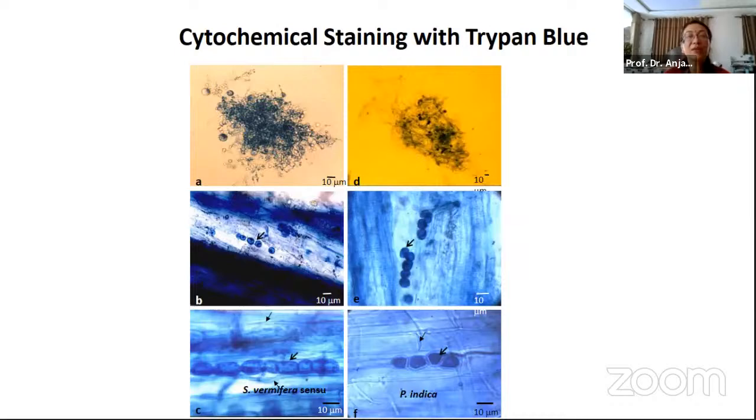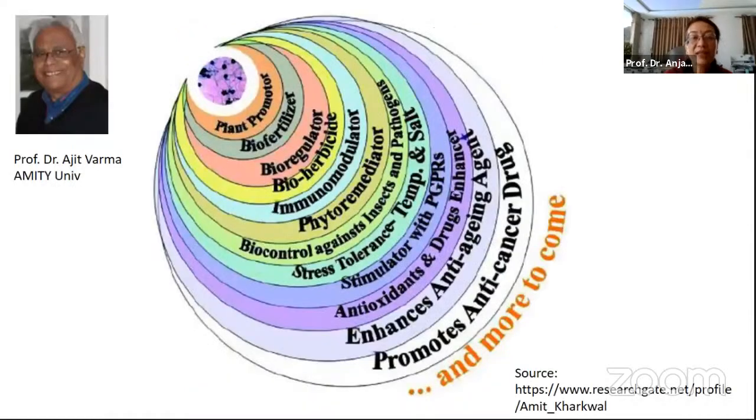And also in the cytochemical staining, here you can see with the trypan blue, it is also similar. And here I can show you this Piriformospora indica in the middle, showing in the trypan blue staining where the sporulation is being seen here.